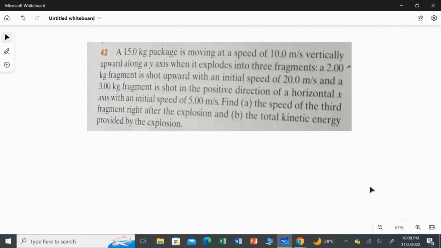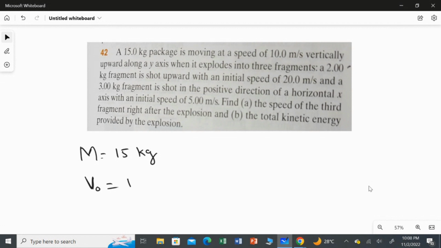So you have a 15 kilogram package. So better I write this mass is 15 kilogram. Understand? Okay. And what is the speed of this? Let's take the speed of this 15 kilogram as V naught, which is, this V is not volume, because this is the speed.